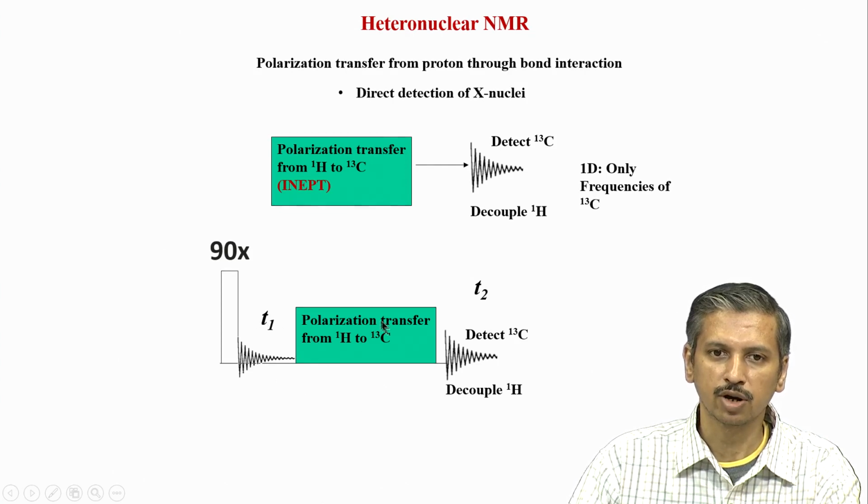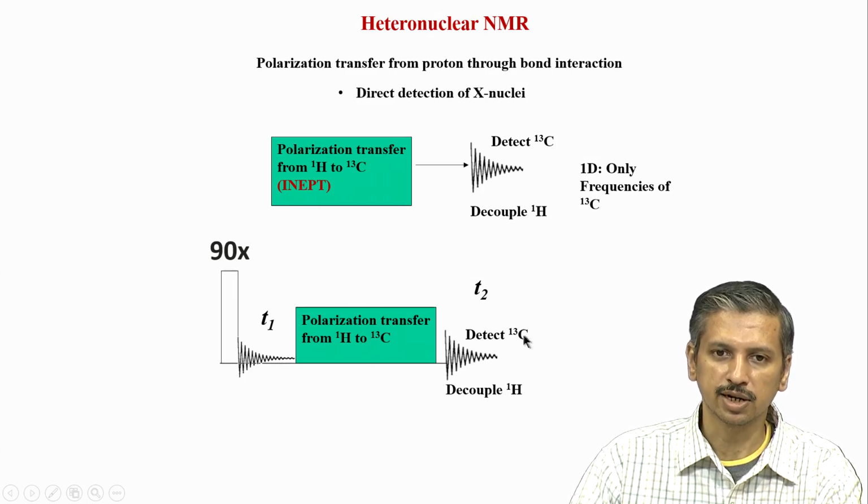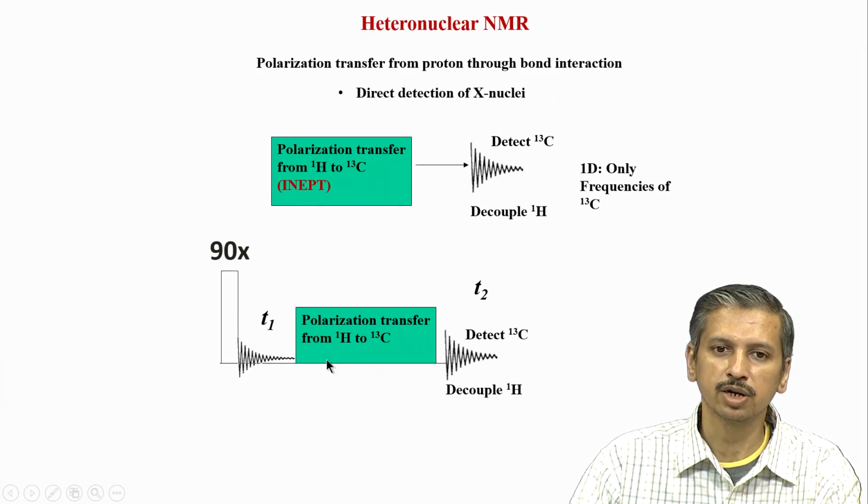Then we use the polarization transfer element, that is INEPT, to transfer it to carbon. Whatever proton magnetization has come up to this point gets transferred to carbon, and then the carbon is detected immediately. Once you transfer the polarization, you are actually connecting, joining or correlating proton and carbon.